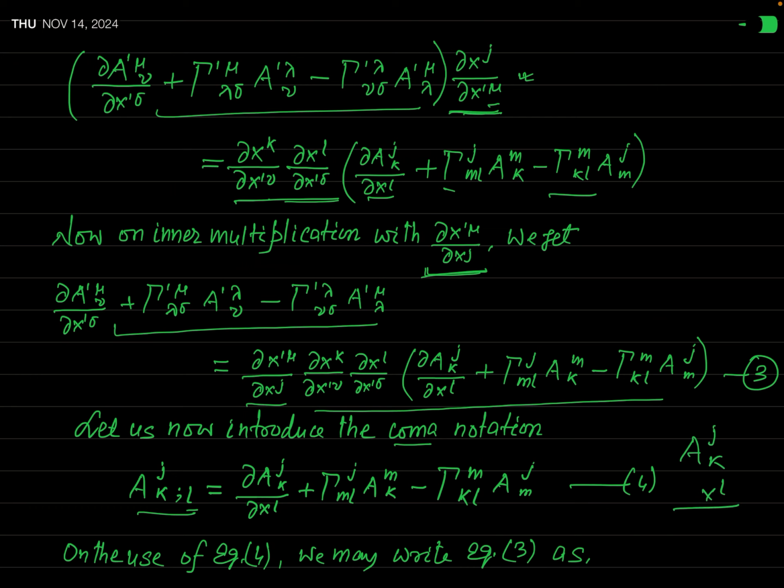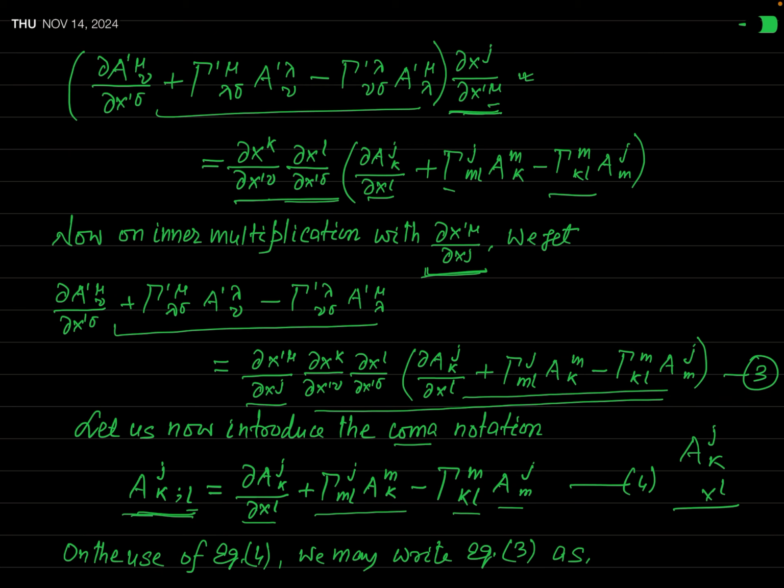That is written by this symbol. And we define this expression inside the bracket in the RHS of equation 3 by this: ∂AJK/∂XL plus Γ JML AMK minus Γ MKL times AJM. This is written as AJK semicolon L.